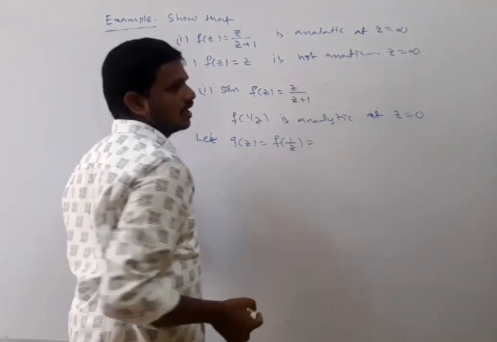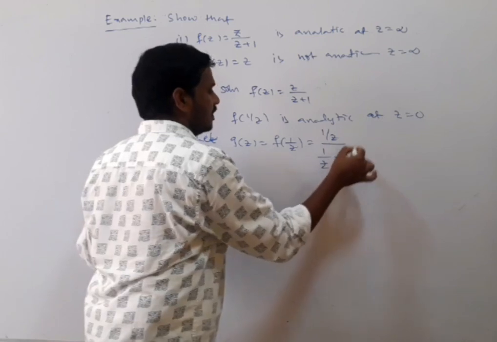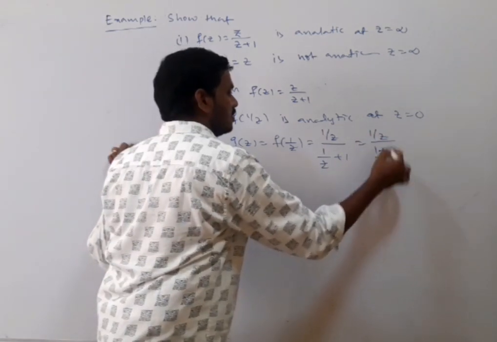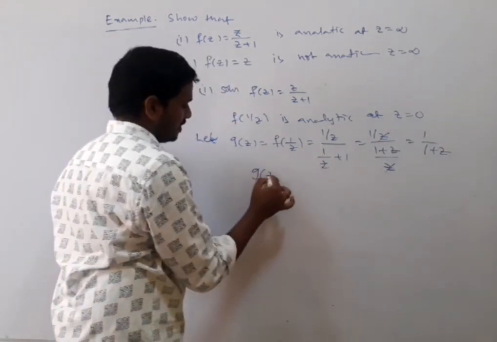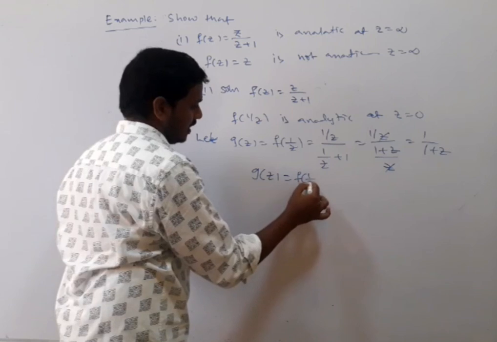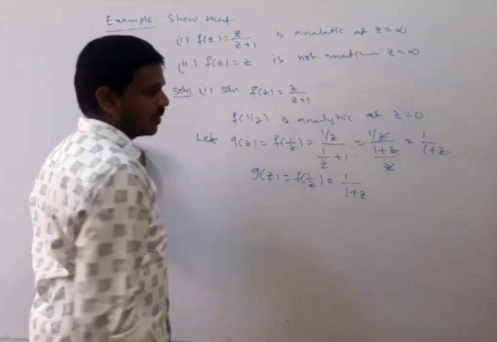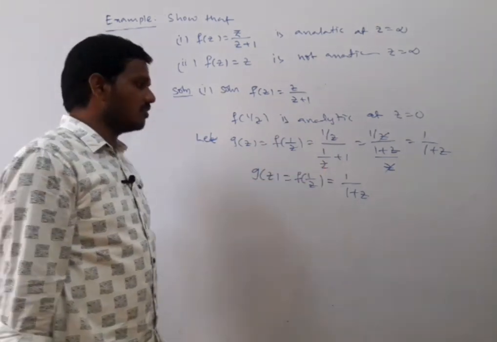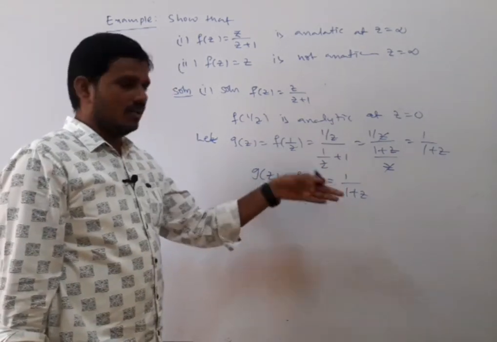Replacing z with 1 by z, it is (1 by z) divided by (1 by z plus 1), which is (1 by z) divided by ((1 plus z) by z). So this is equal to 1 divided by 1 plus z. Finally, f of 1 by z is equal to 1 by 1 plus z. See this problem? It is differentiable everywhere, defined for every z. You may check it.